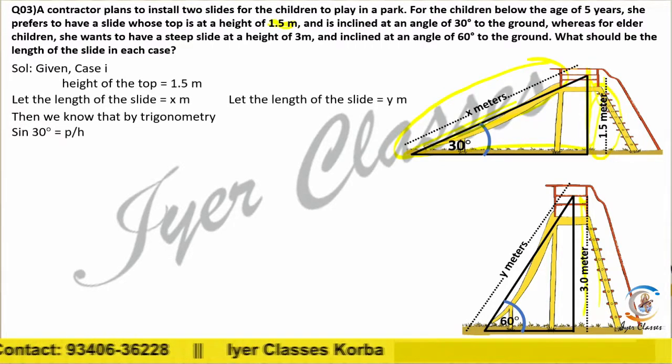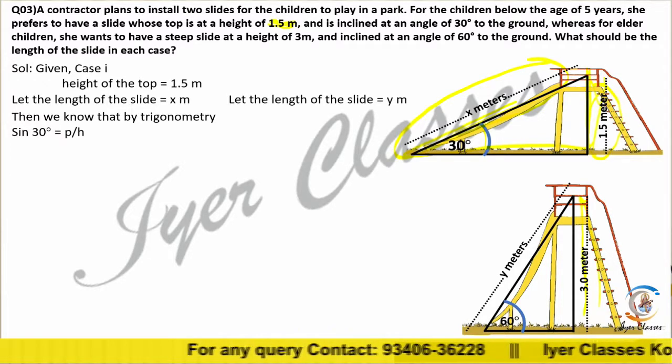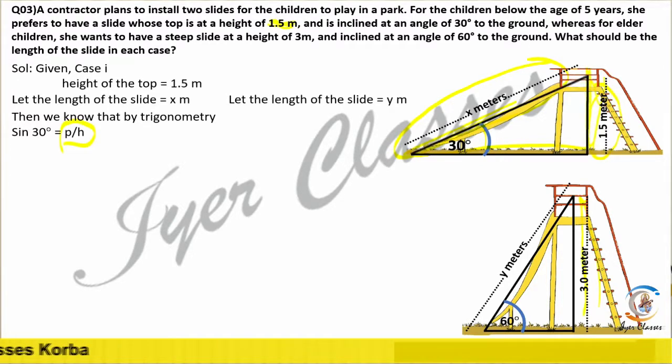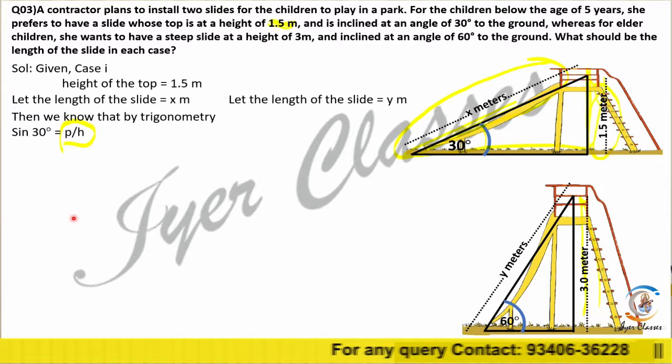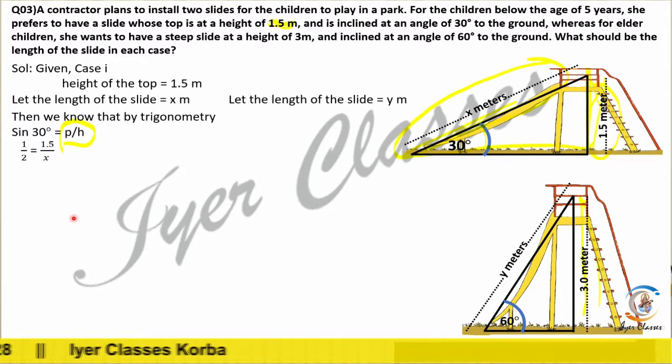Now, what is the trigonometrical relation connecting these both? Yes, it is sine theta. In this case, the angle is given to us and that angle is equal to 30 degrees, right? So, what is the formula for sine theta? It is perpendicular by hypotenuse. So the perpendicular is 1.5, which is given to us, and the hypotenuse we don't know, but we know the value of sine 30.